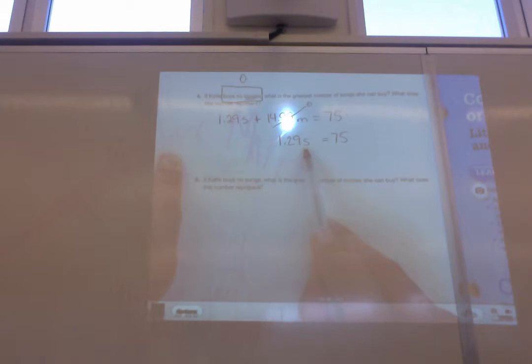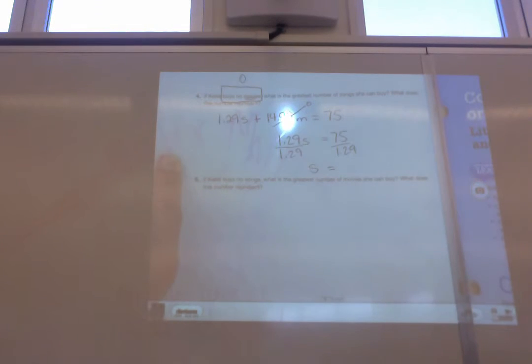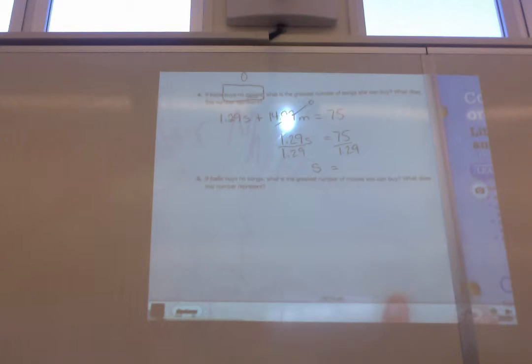How could I figure out how many songs she can buy? Divide. S equals. Again, we may not come up with a whole number answer. Go ahead, divide, and figure out how many whole songs she can buy.